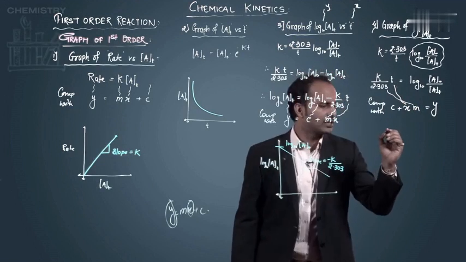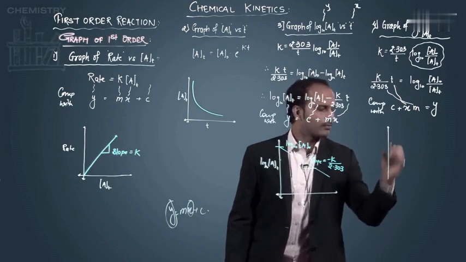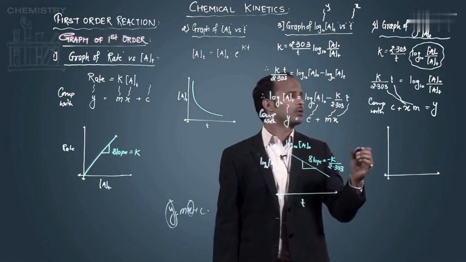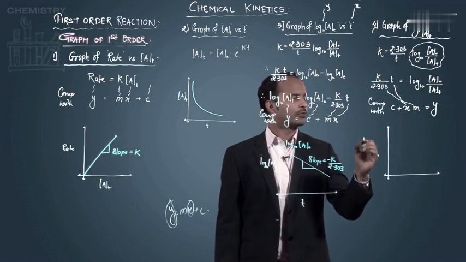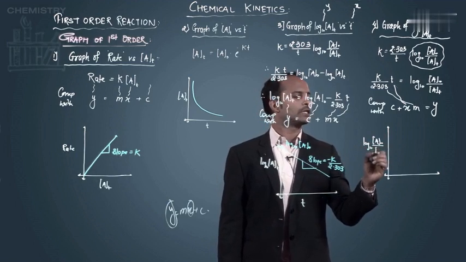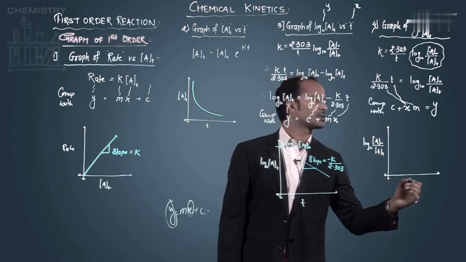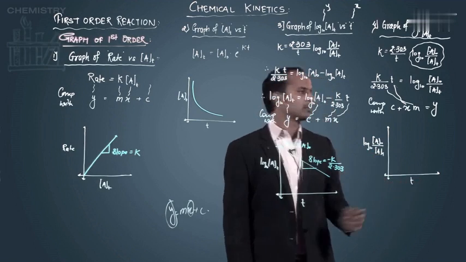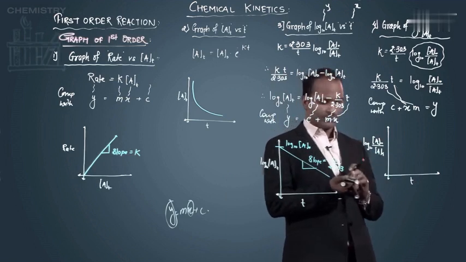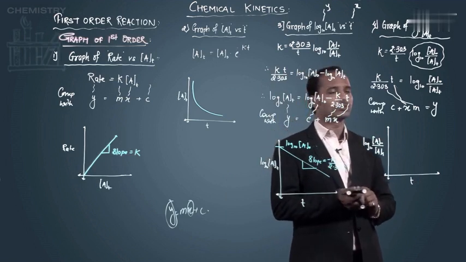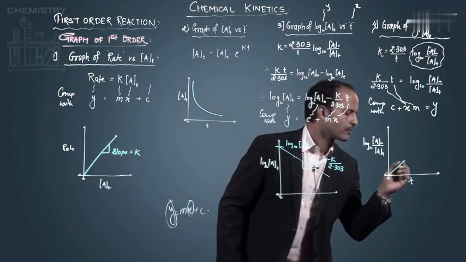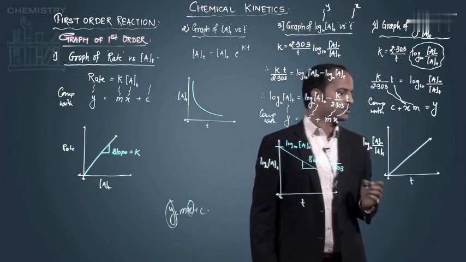So here we will have a graph of log to the base 10 a naught upon at versus time. The nature of the graph is going to be again a straight line. Y-intercept c is equal to 0. It means the line is passing through the origin. So this is the nature of the graph.